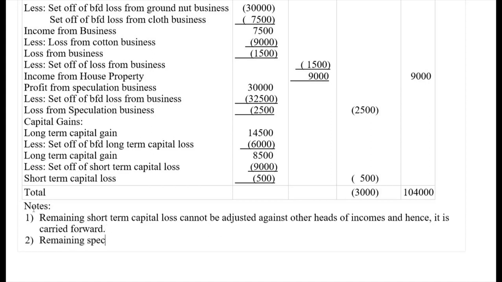Remaining speculation loss of rupees 2,500 should be carried forward to the next assessment year.